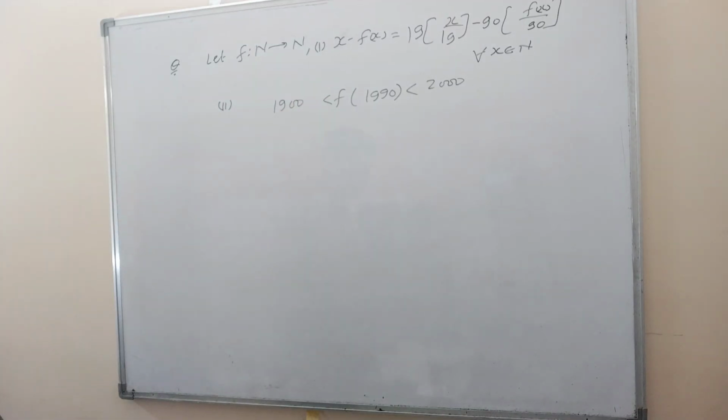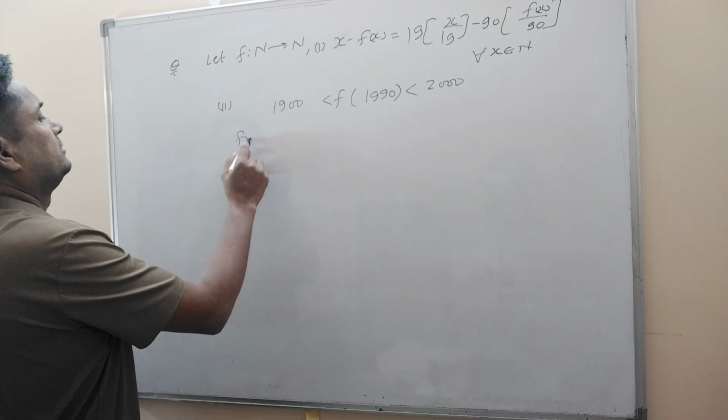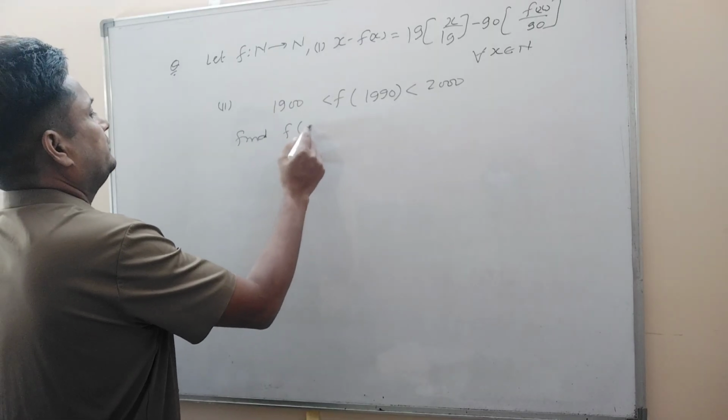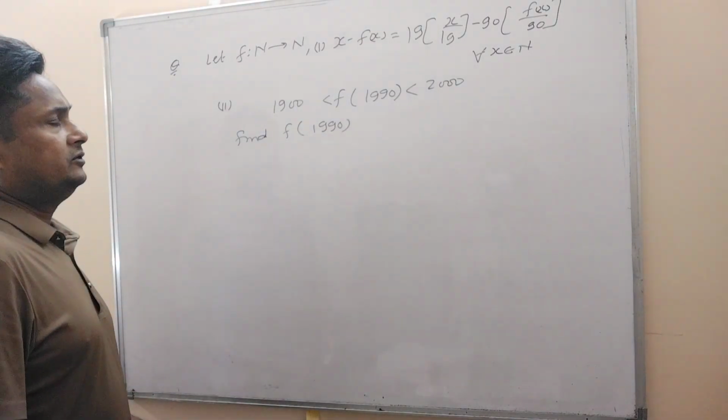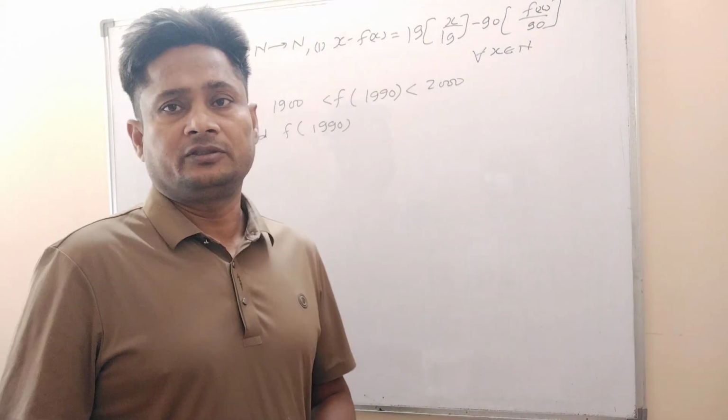Then we have to find f(1990). What are the possible values of this?